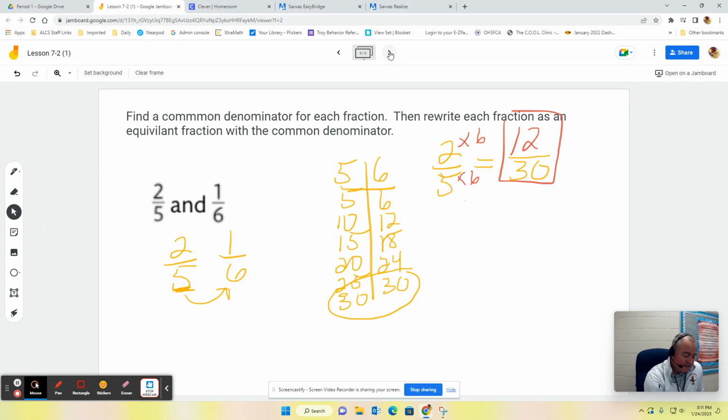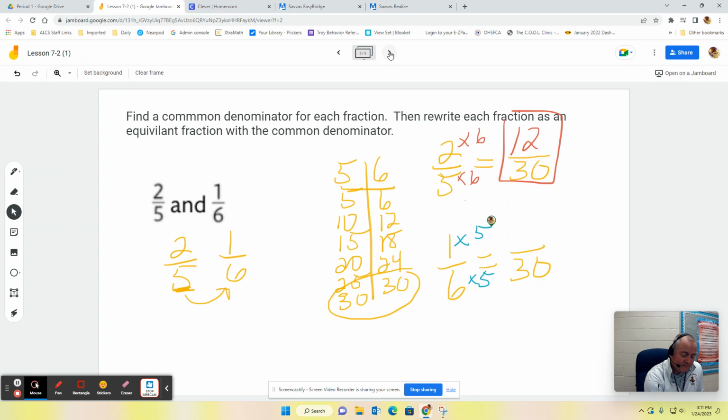And then we look at 1/6. And I'll do the same thing. I'll go 1/6 here. I know it's going to be equals. I know my denominator for my second fraction has to be a 30. And now you're just asking yourself, well, 6 times what is 30? Well, that's 6 times 5. What I do to my denominator, I have to do to my numerator.